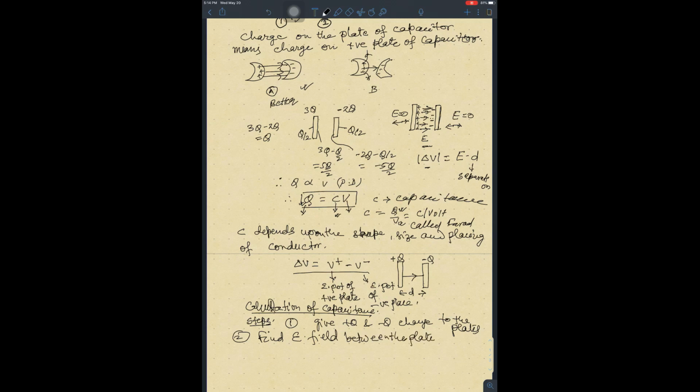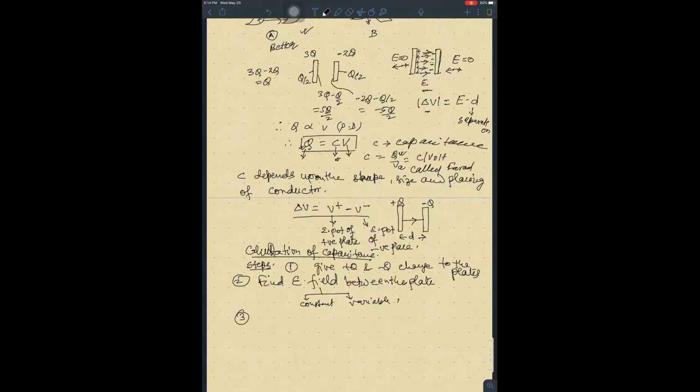Now you have to understand that this electric field can be constant and also variable. The third step is to find, not the electric field, but the potential difference.